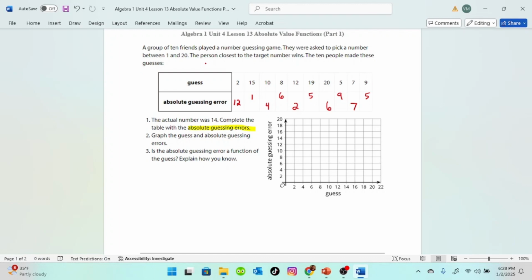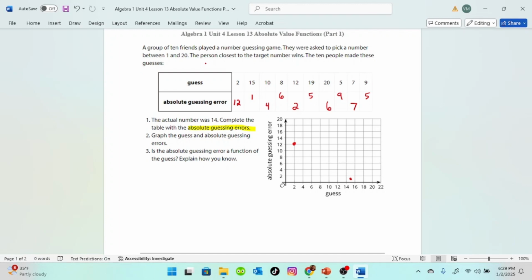So the first guess has 2, 12. So we go over to 2, up to 12, and we put a point. The next guess was 15, which was 1 away. So we're going to go over to 15 and up to 1 and put a point.